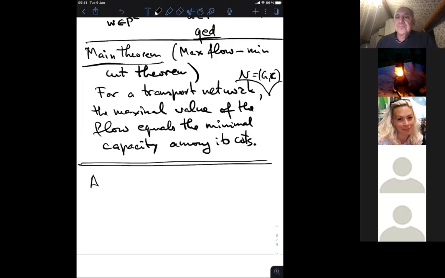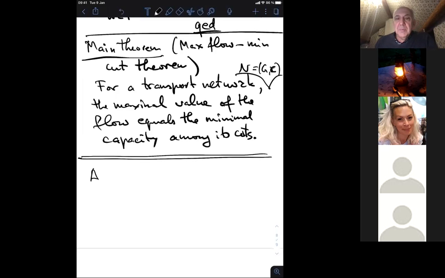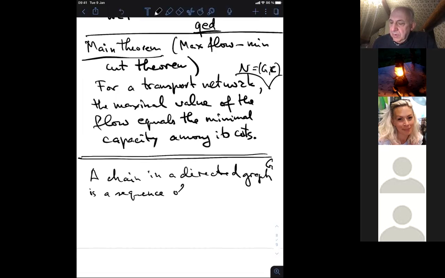Good. So this is the main theorem, and now we need a couple of notions. A chain in a directed graph G is just a sequence of pairwise adjacent vertices.